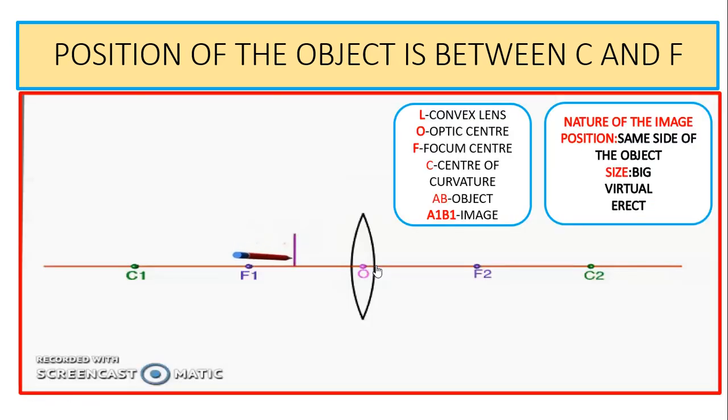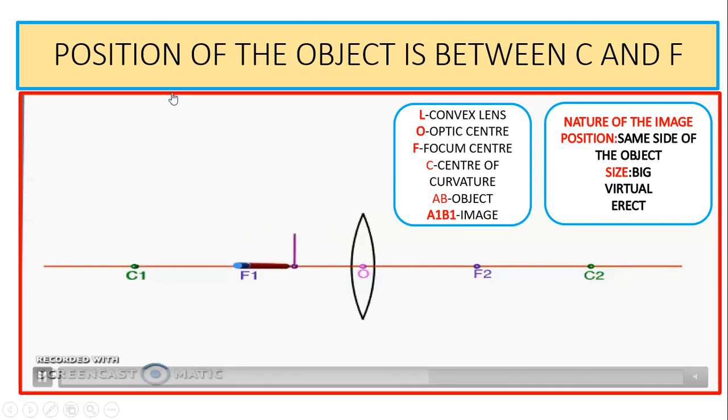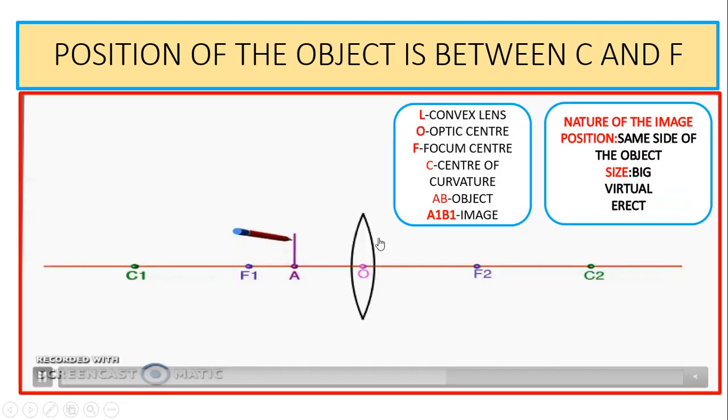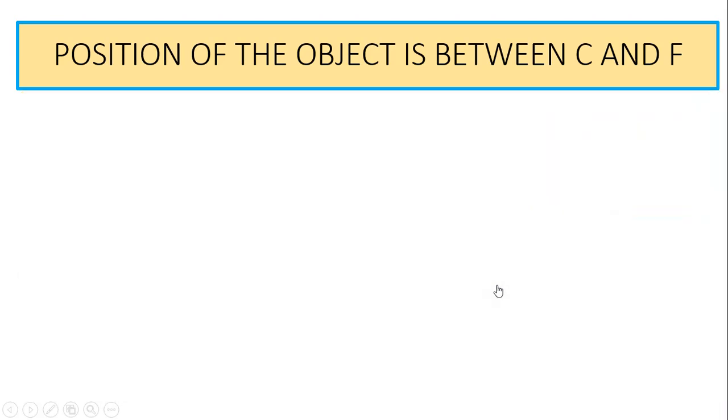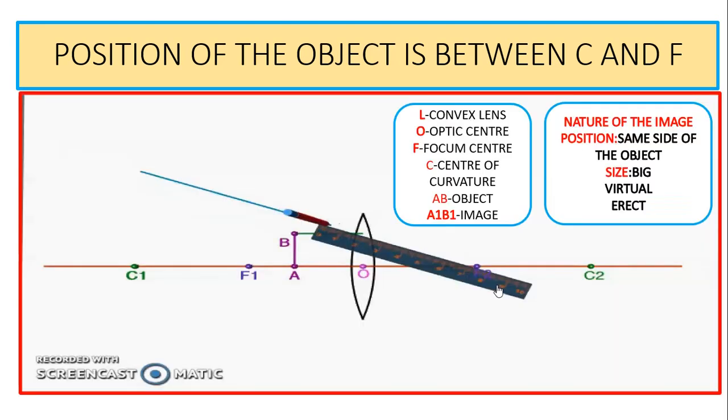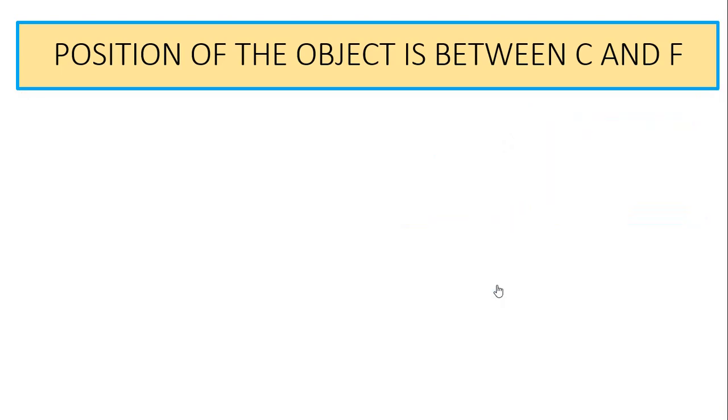Now draw the ray from point B parallel to the principal axis and passes through F2 and extend beyond, extend both the sides behind the lens, behind the object like this, because here the image is formed behind the object.